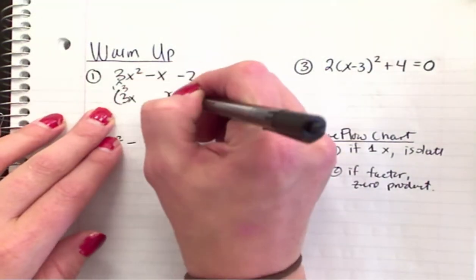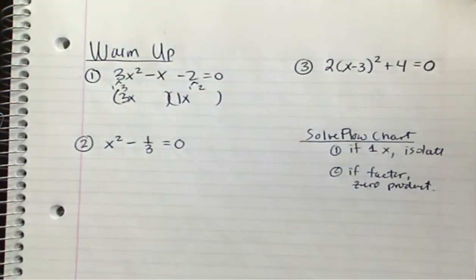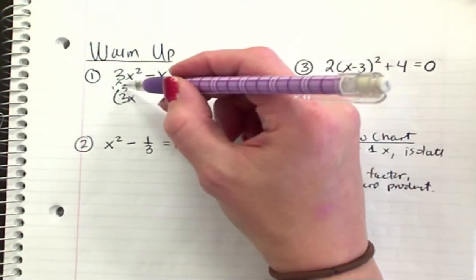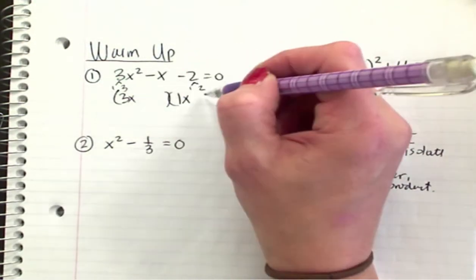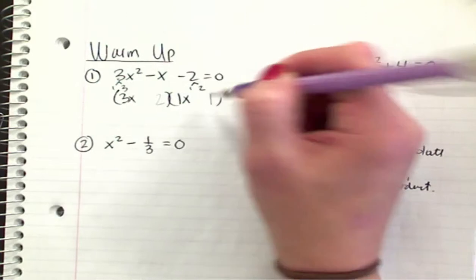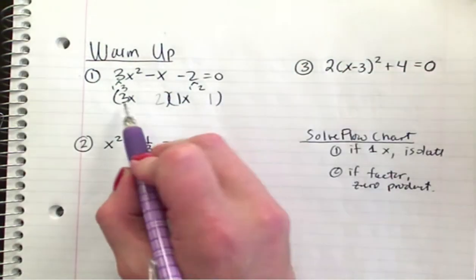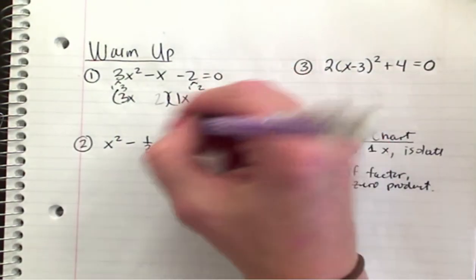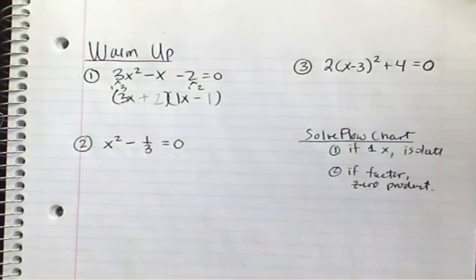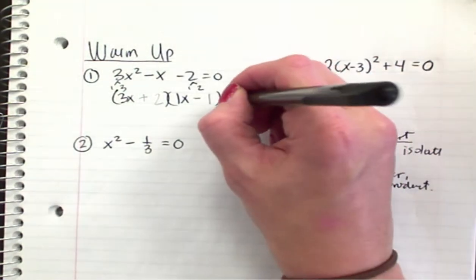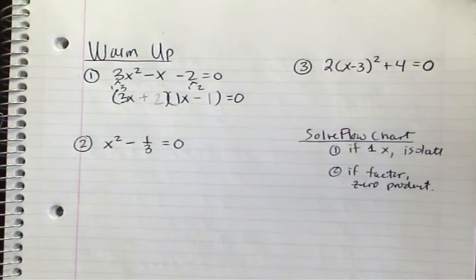So I'm going to write in this choice, and then I'm just going to try the other one. I'm pretty sure I get 3 and 2. So 2 and 1, and I'm checking it. A minus 3x and a positive 2x. Okay? Equals 0.